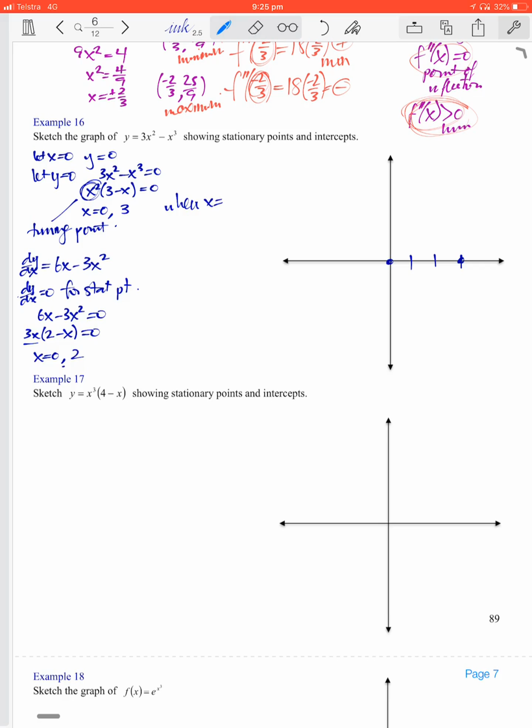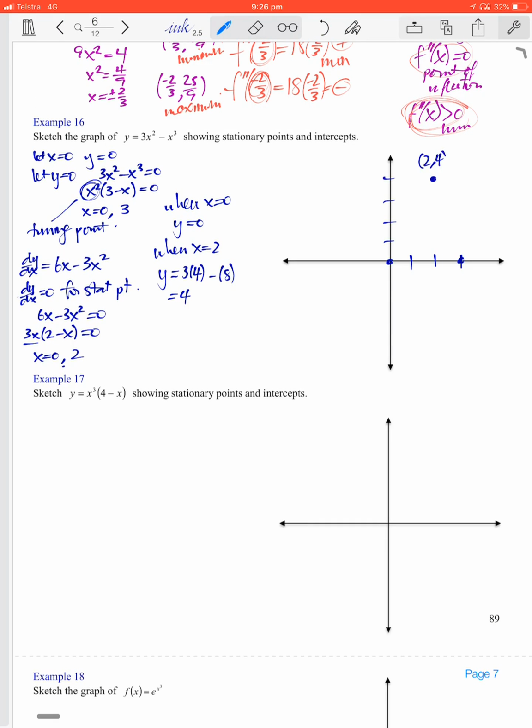When x equals 0, y equals 0, so we already knew that point. When x equals 2, y equals 3 times 4 minus 8, which is 4. So we know we've got the point (2, 4). So 1, 2, 3, 4. (2, 4) is there.